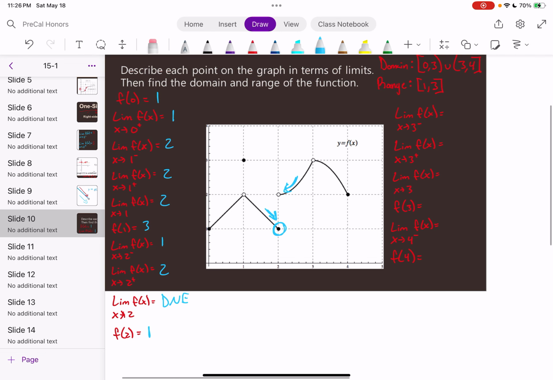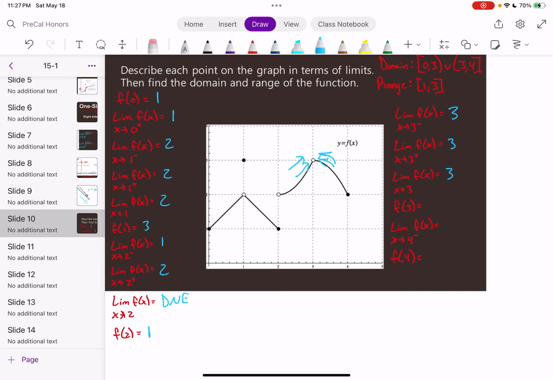On the right-hand side, we are approaching 3 from the left side. In this case, we are approaching 3. From the right side, we are also approaching 3. The left and right side are both coming to the same number, which means 3 would be our answer.